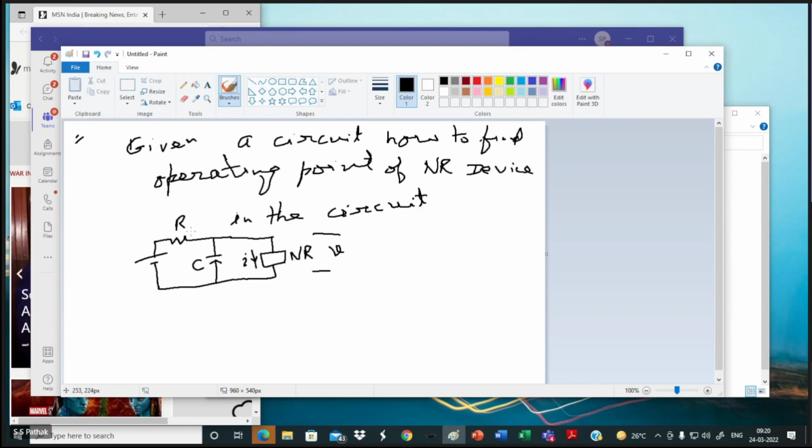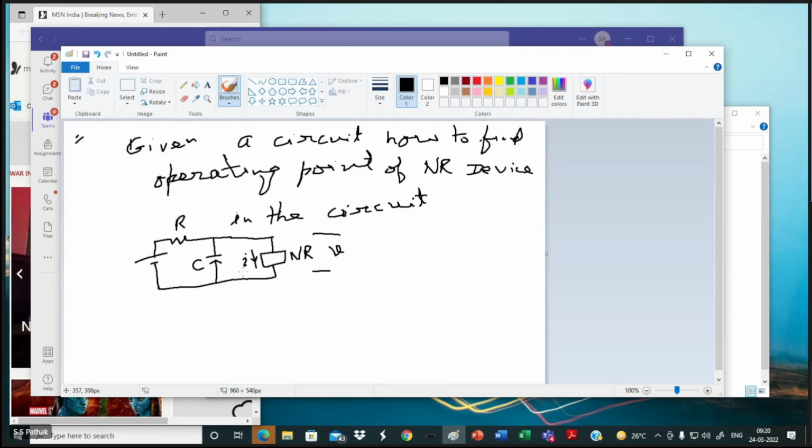Tau should be large. If tau is large, e to the power minus t by tau will become small, and in that case it will be approximated by minus t by tau. So it will have a linear kind of effect over there. So that way we'll take that.